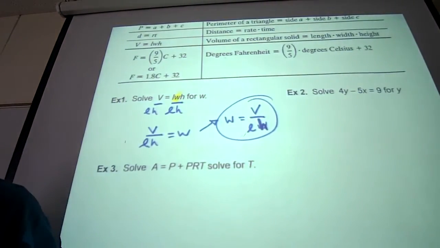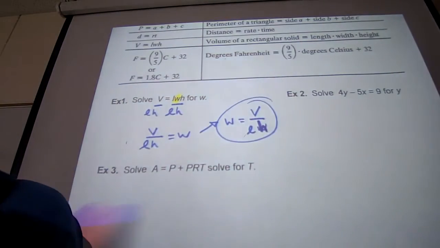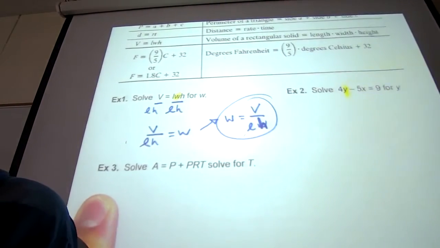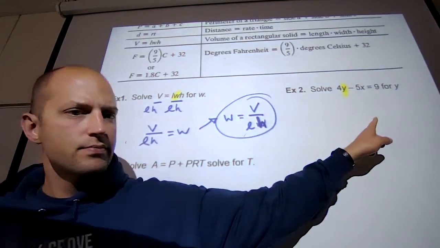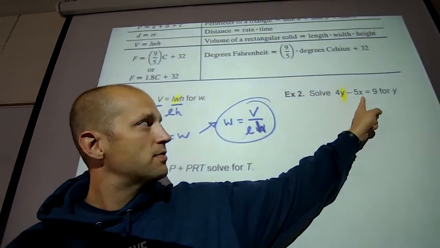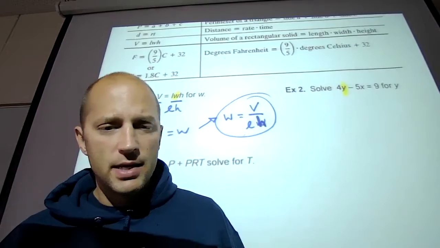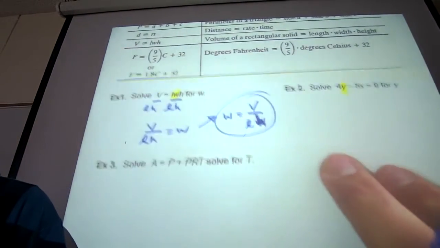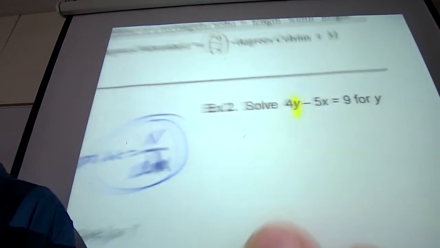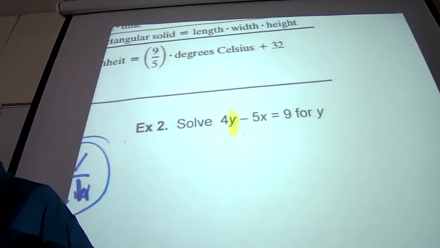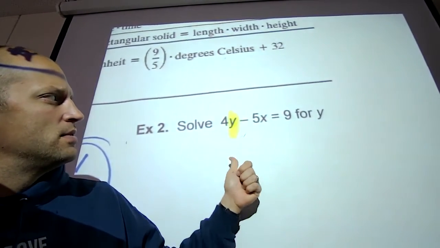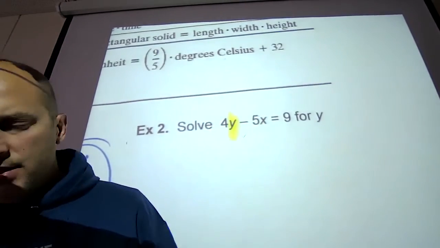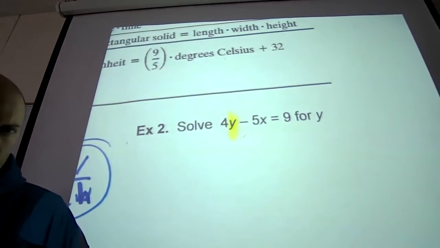Okay. Let's try it again. I got another equation. I've got 4y minus 5x equals 9. We want to get y by itself. Let me zoom in here so you can see it nice and big. Suggestions. How do we get this y by itself?